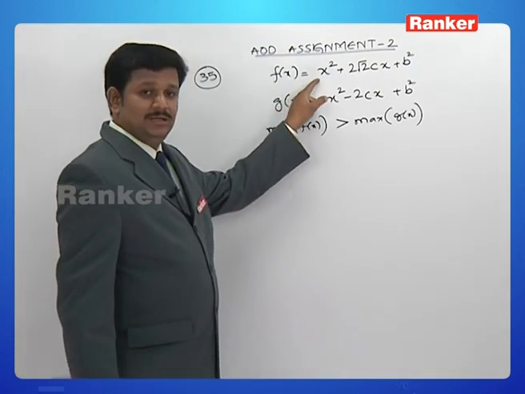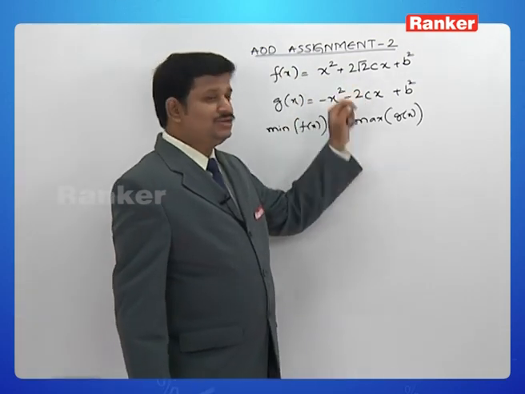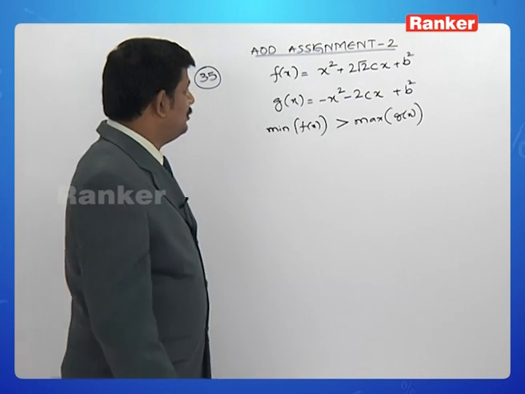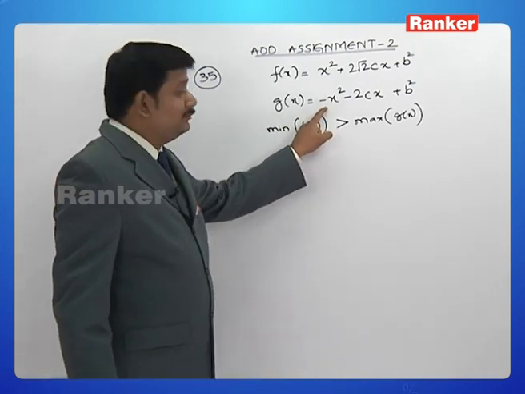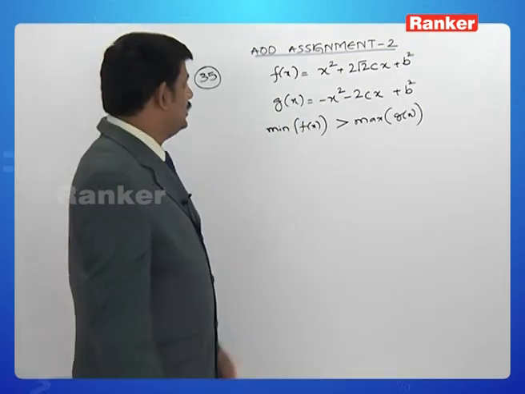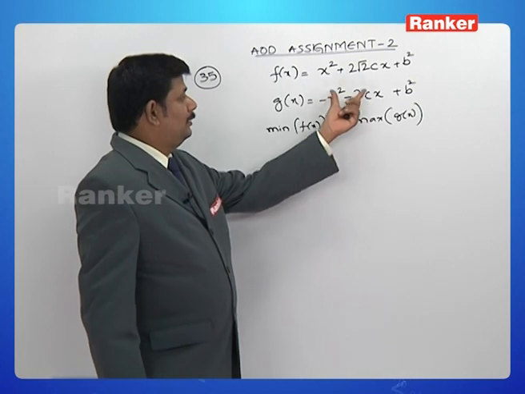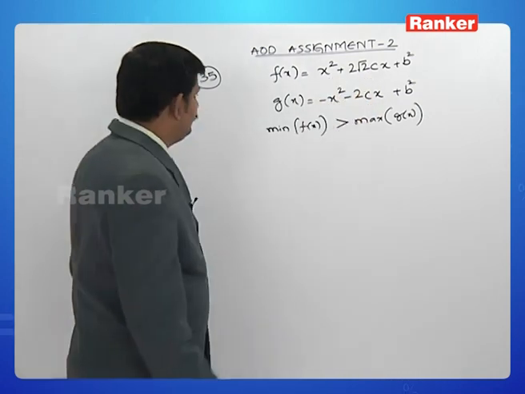A quadratic with coefficient of x square positive will have least value when x is minus b by 2a at the vertex, and when coefficient of x square is negative, it will have greatest value when x is equal to minus b by 2a. So, let us find greatest and least values of these functions.